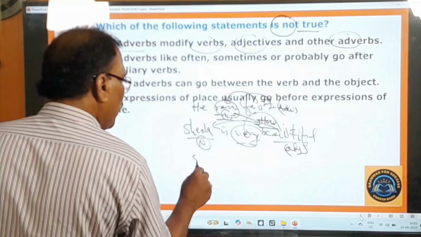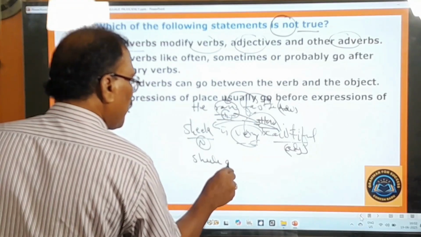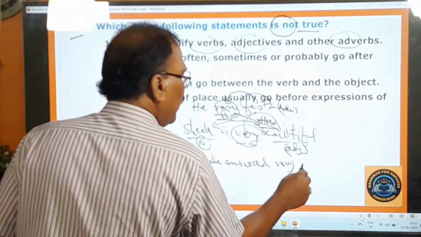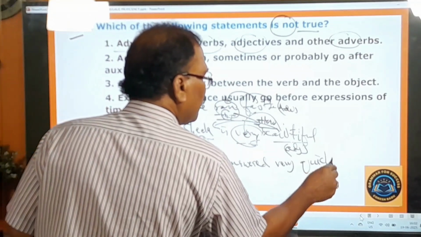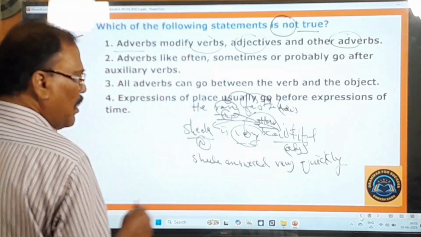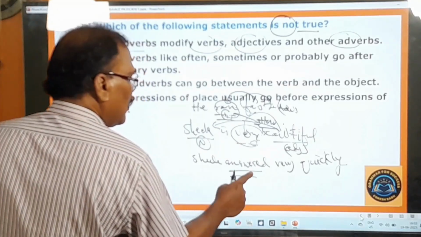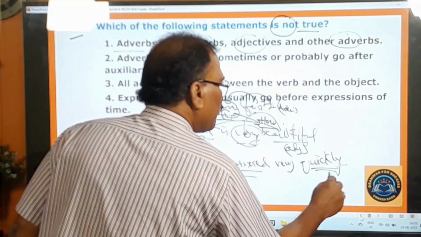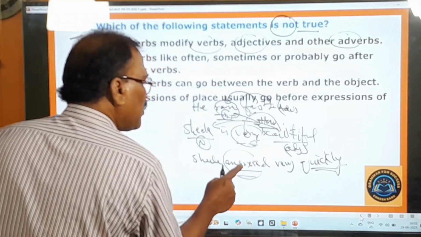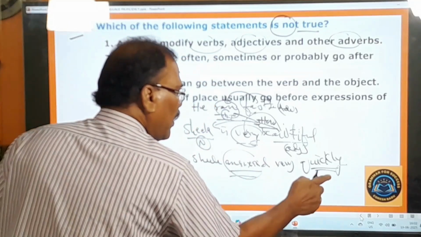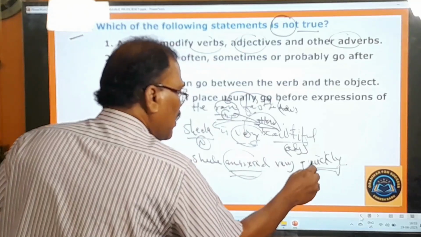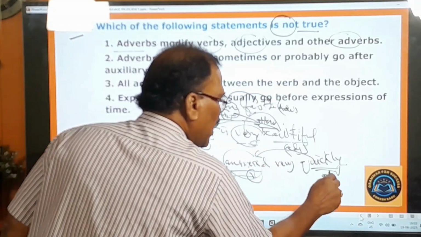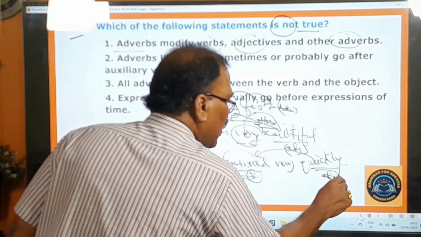So here you pay attention. Sheila answered very quickly. Some example is given. Sheila answered. That is the verb. Sheila answered how? Quickly. So how was this action done? Very quickly. This action was done quickly. That means this quickly is describing this verb, and therefore this is an adverb.